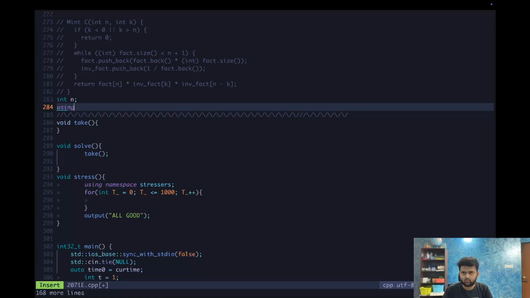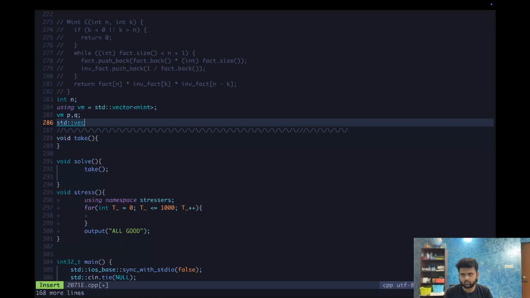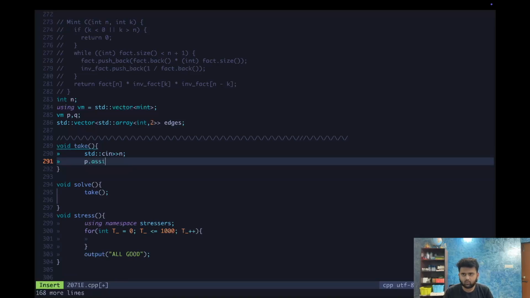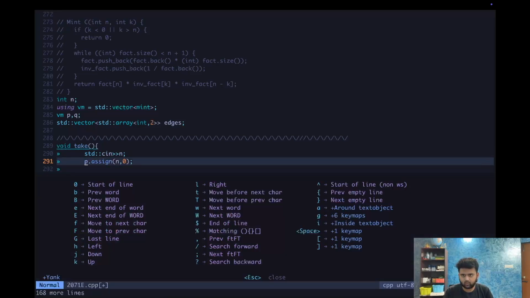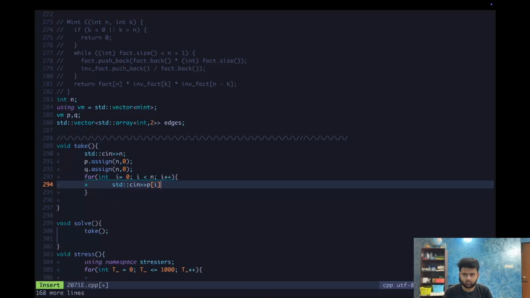Since I'll be using vectors of mint a lot, just make an alias, vmpq, and you have a vector of edges which you take as input. So you take P, then you take Q. Now for all vertices, pi, qi.